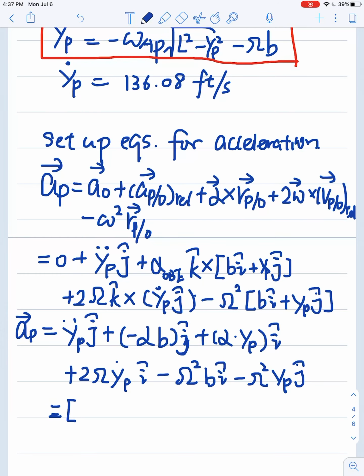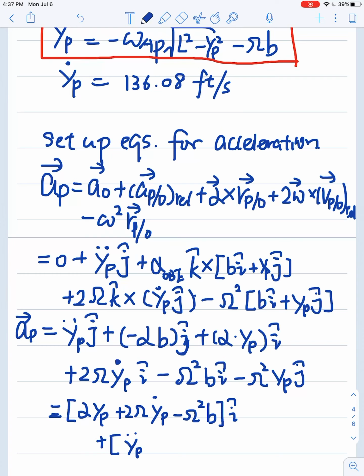Then we end up with, for all the I terms, alpha yp plus 2 omega y dot yp dot and minus omega square b. So this is our I component, and let's add our j component.